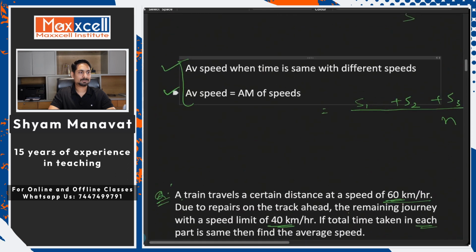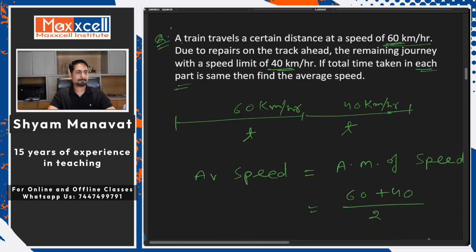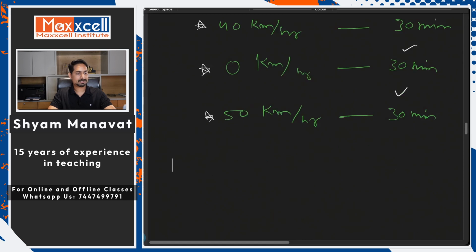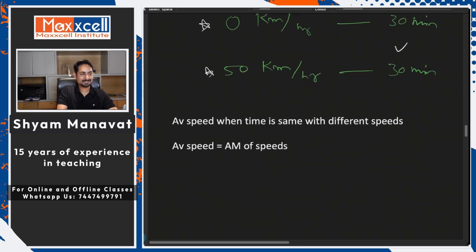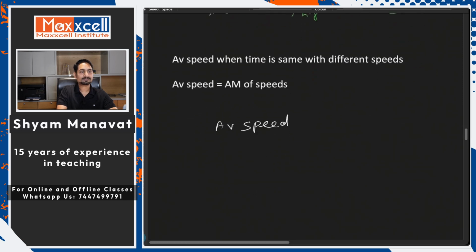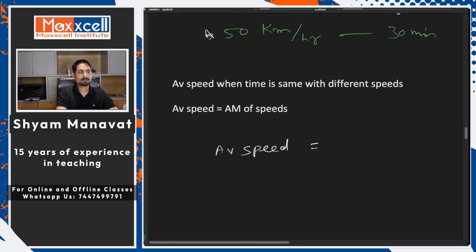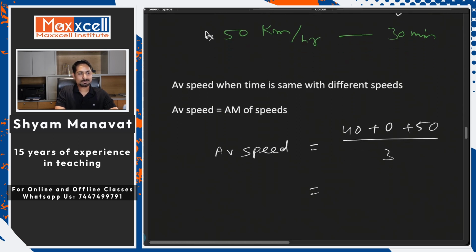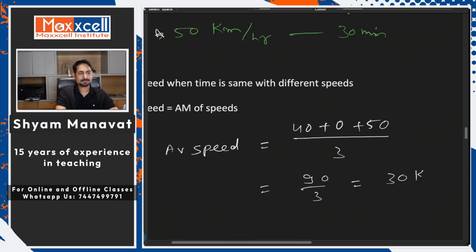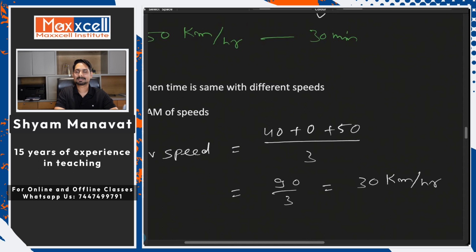In that case, we can use arithmetic mean to find the average speed. So average speed here can be calculated as 40 plus 0 plus 50 by 3. So you get 90 by 3, that is 30 kilometers per hour.